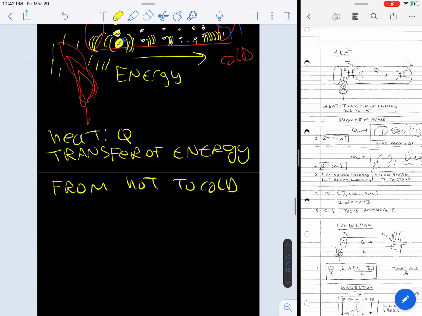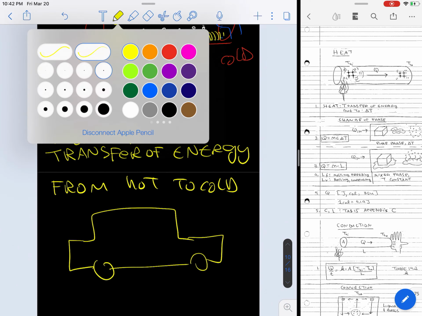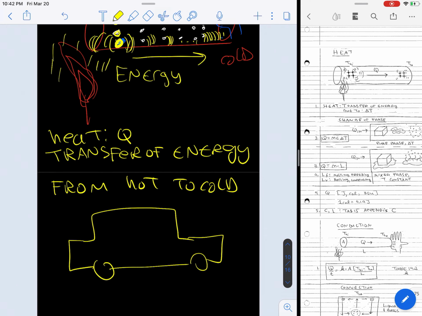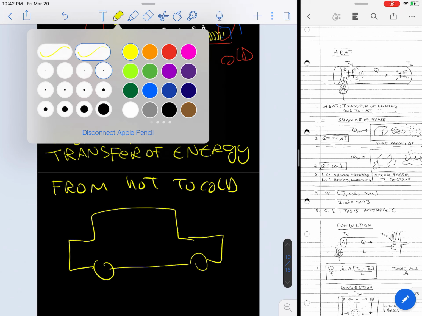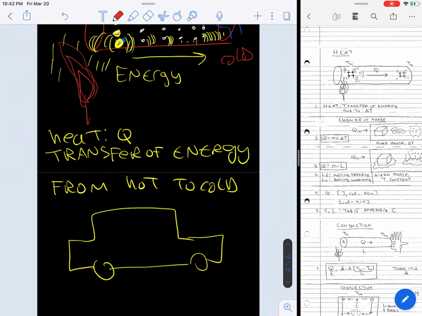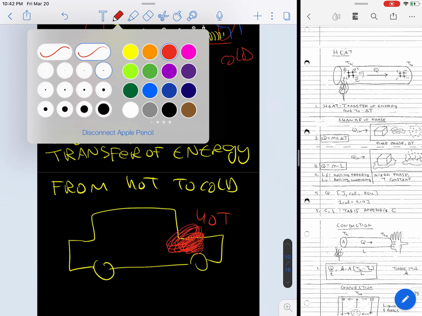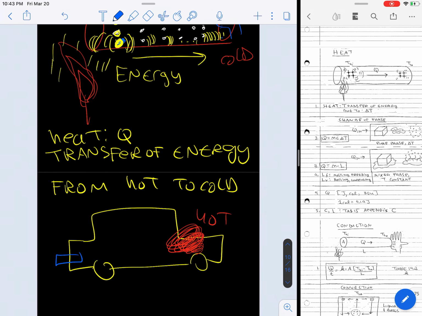Let me do another example. A car. So let's say that you have a car. You're going to have your hot engine here. That's going to generate a lot of heat. So this is going to be the hot side here. And then you have your muffler at the other end over here, and it's connected to the air outside, so to the environment.